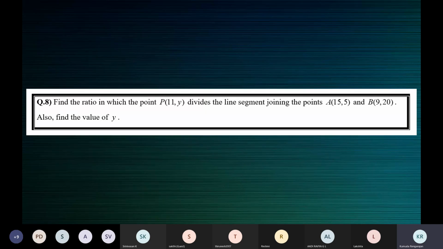What is 11 equal to? 11 is equal to (mx2 plus nx1) by (m plus n). Very good. (mx2 plus nx1) by (m plus n) is 11. So when you work that out, you'll get the ratio.